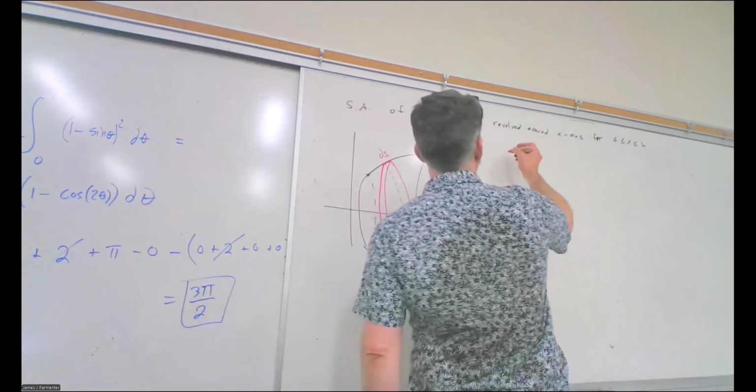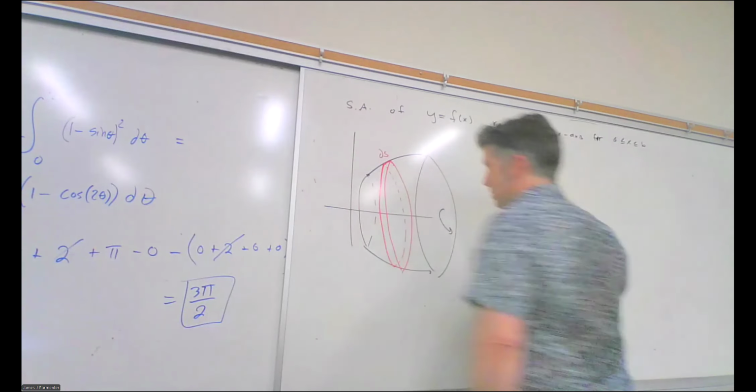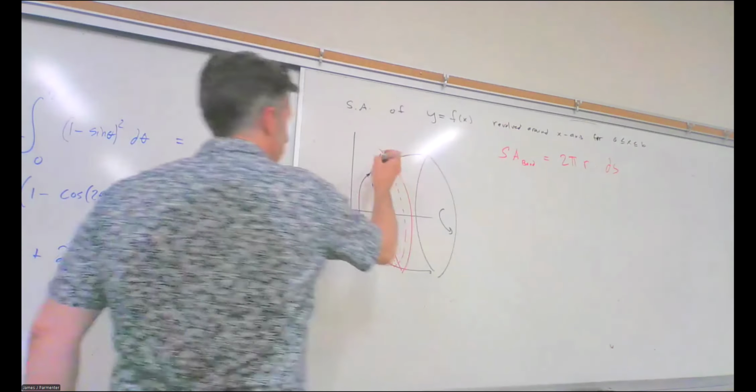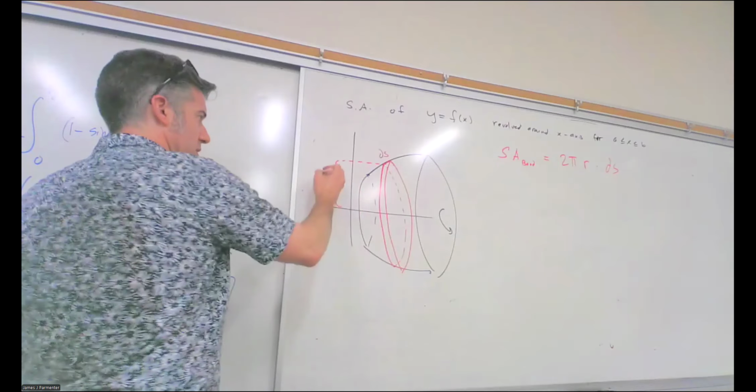And the surface area of just that rubber band is the circumference of the band, which is 2 pi times whatever the radius is, times the length of the band, which is ds. And the radius is just how far away we are from the axis of rotation.